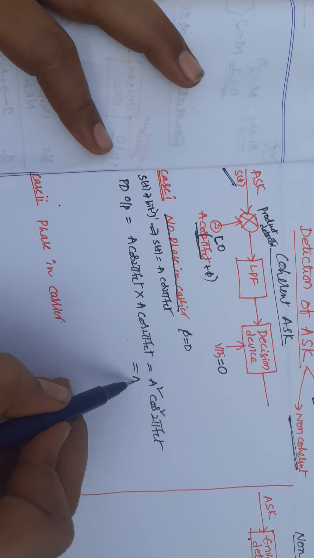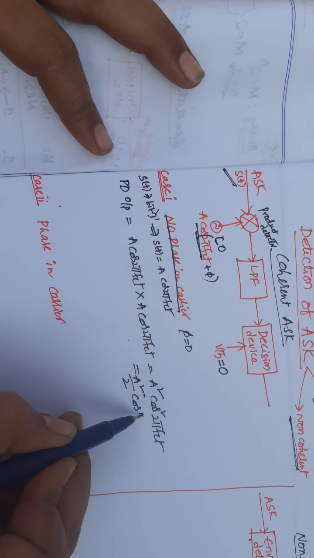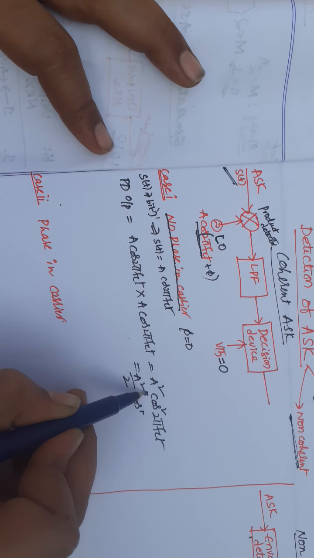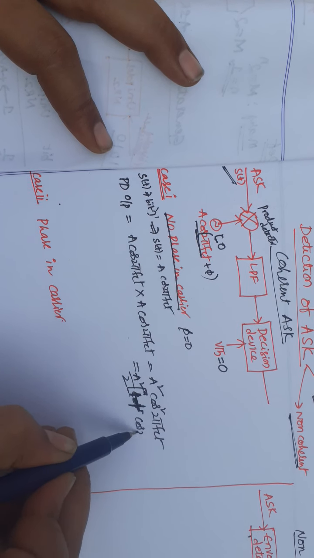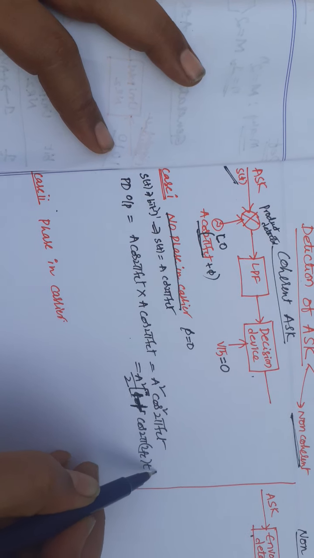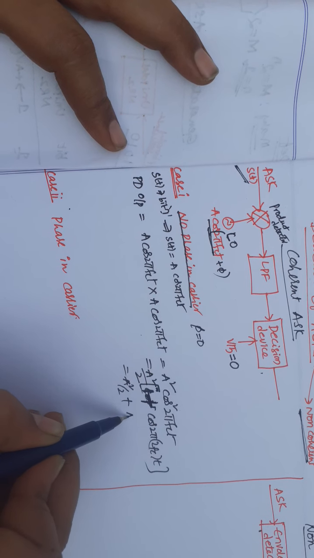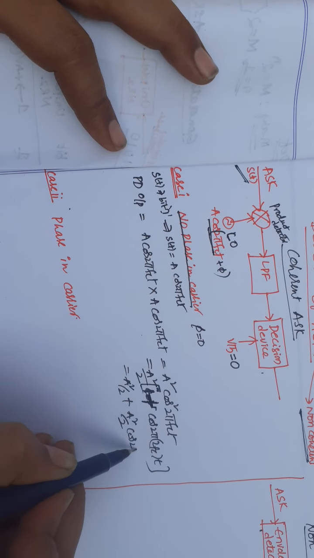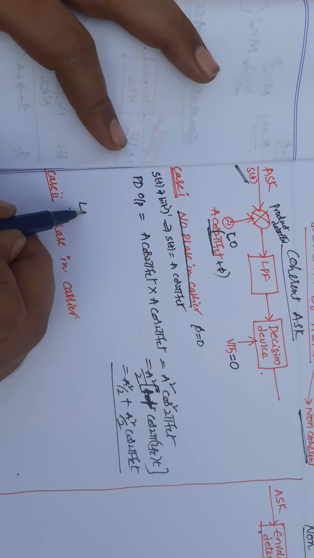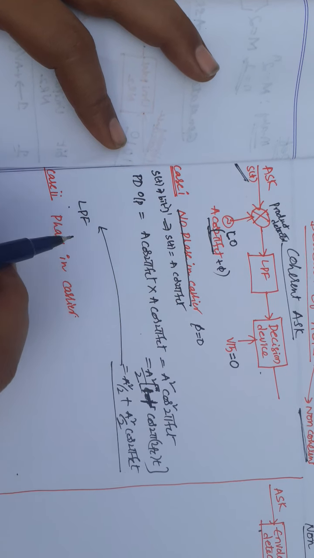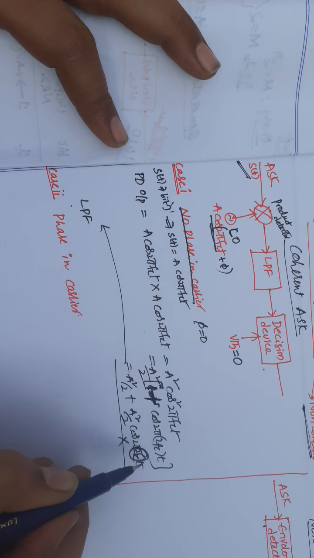So this can be written as A squared by 2 times (1 plus cos 2 pi 2fct), right. So it becomes A squared by 2 plus A squared by 2 cos 2 pi 2fct. So this signal is passing through the low pass filter, which doesn't allow the 2 pi 2fc component because of its higher frequency.